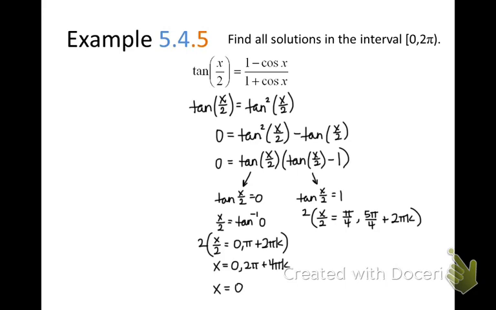All right, this gives you that x could equal pi over 2, once I multiply that by 2, and 5 pi over 2 plus 4 pi k. Does everyone see what I'm doing here? Oops, I don't need that parenthesis.